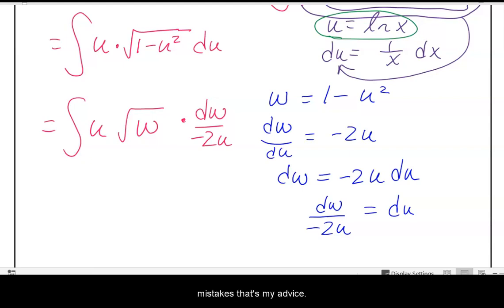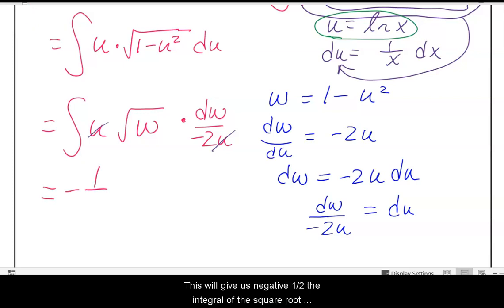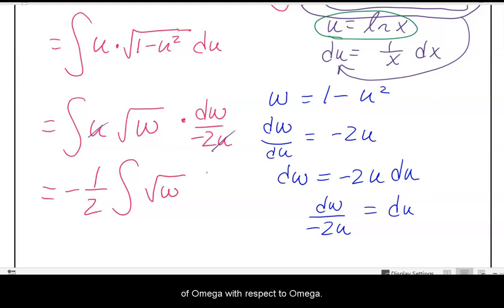That's my advice. Notice that you have cancellation of the monomial factors u, and the negative 2 that's in the denominator becomes a constant factor that can come outside. This will give us negative 1/2 the integral of the square root of omega with respect to omega.